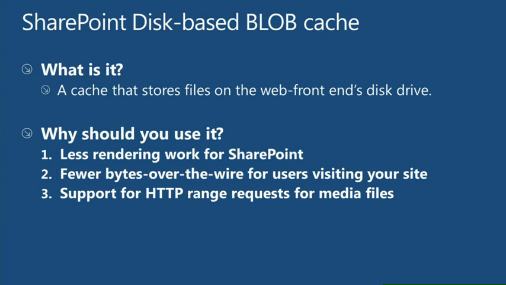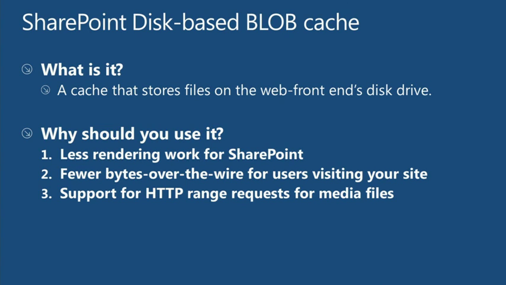So if we download a product catalog, the first user that downloads it will go back to the content database, retrieve the item, cache it on the disk, and then when subsequent users come and get that file, they'll directly go to the cache on disk rather than going back to the database. And it will also result in less information going over the wire to the end users' browsers as well.